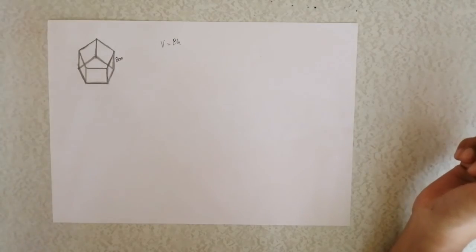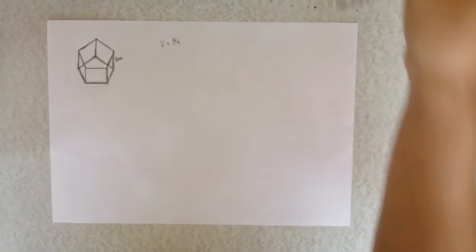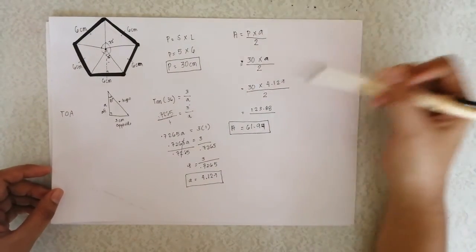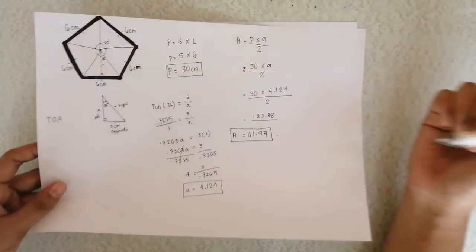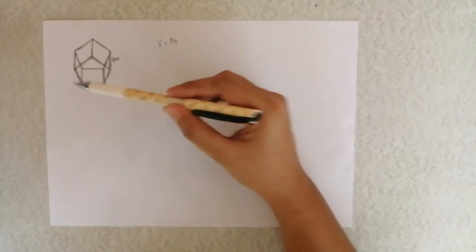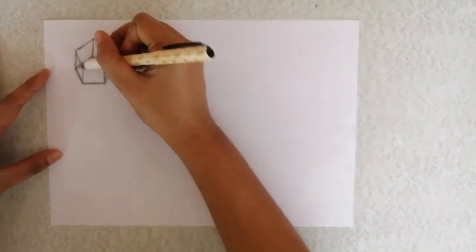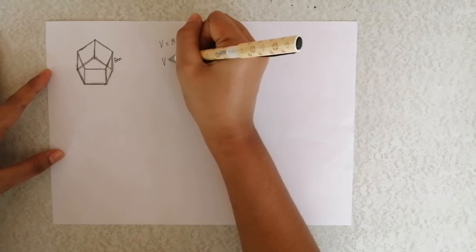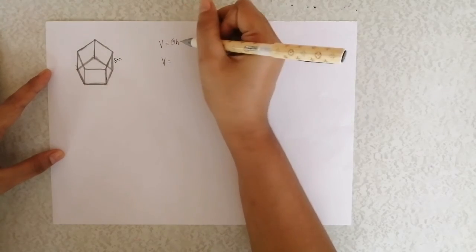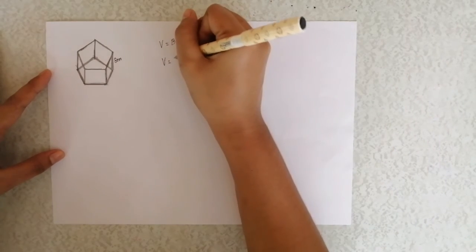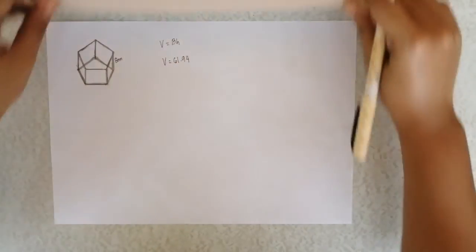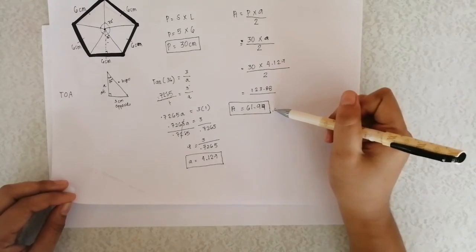Since we already solved earlier the area of this regular pentagon, we could use this area as our base. So we have the base, which is 61.94.